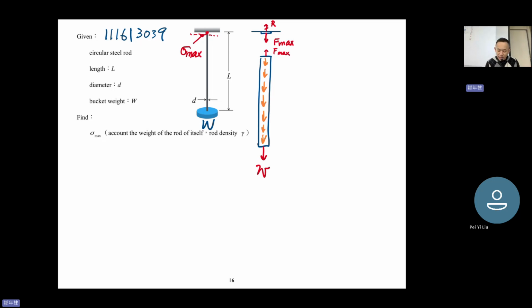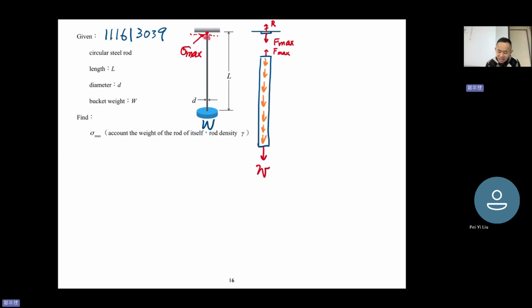Why can we not see F mix in this figure? Because if you combine them back together, the F mix at this point and this point overlap, and the two F mix cancel each other because they have opposite direction. So it becomes internal force.